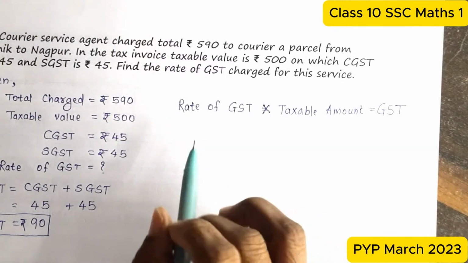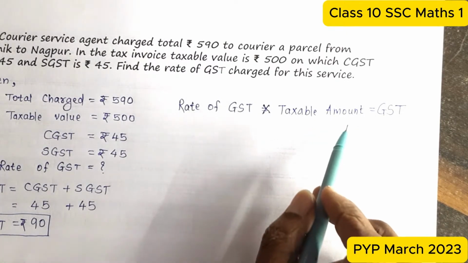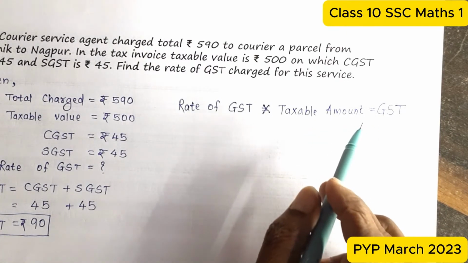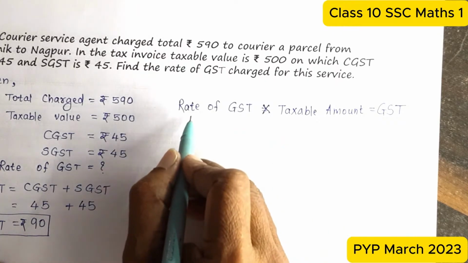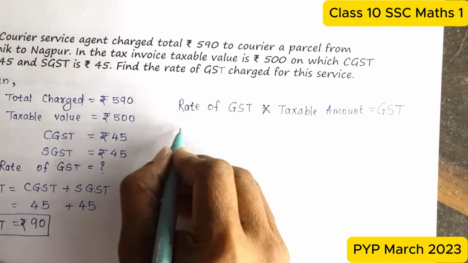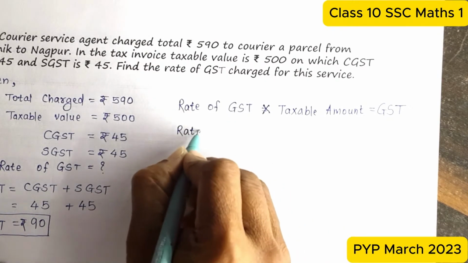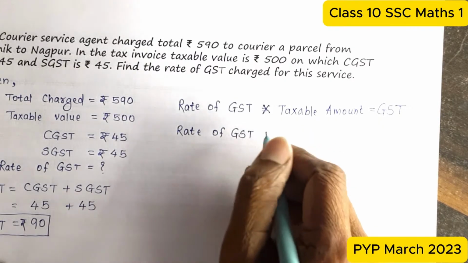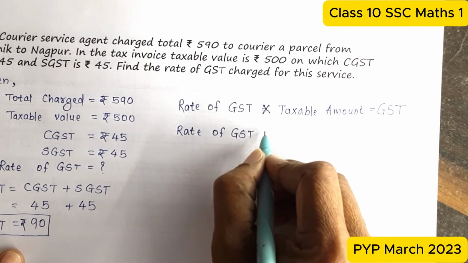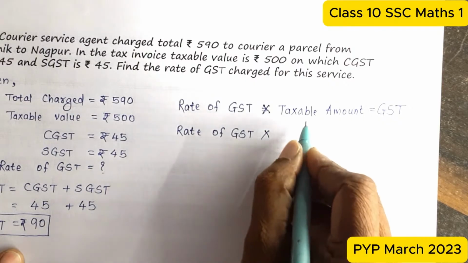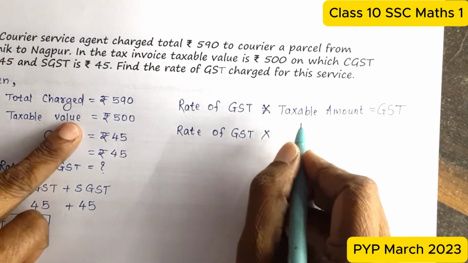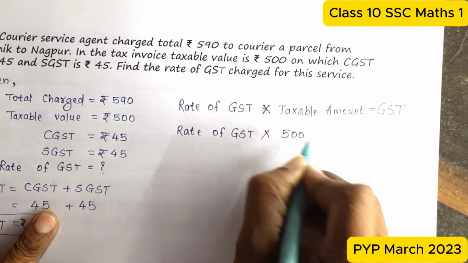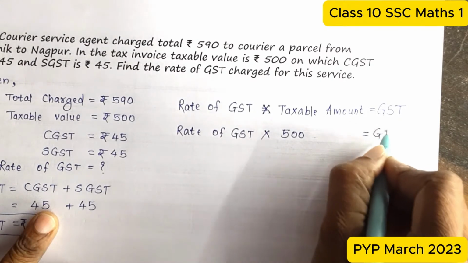So rate of GST multiply taxable amount is equal to GST. Now put the values here: rate of GST multiply taxable amount. What is the taxable amount? That is 500. So which is equal to GST.